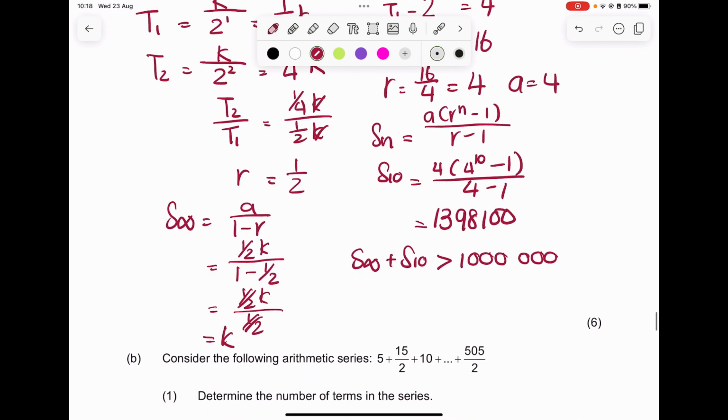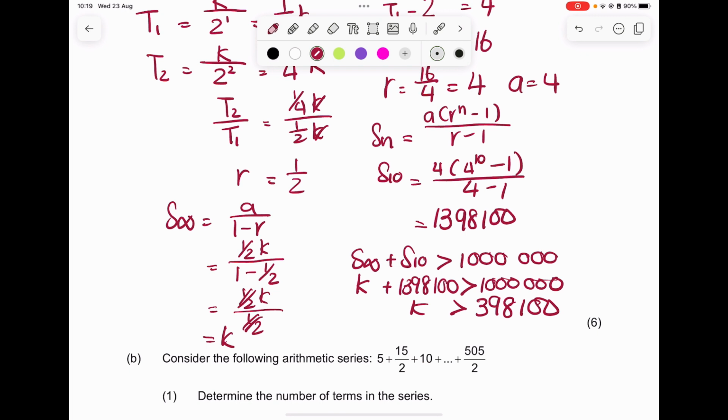Right, so the sum to infinity here is k plus 1398100, therefore k must be greater than negative 398100.